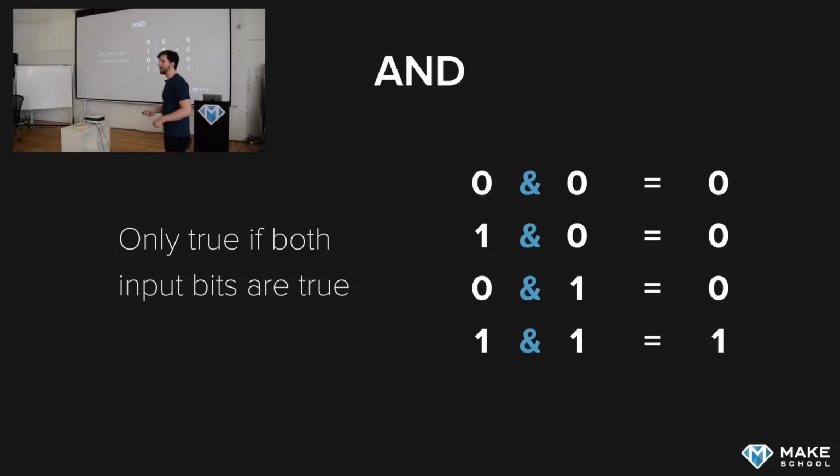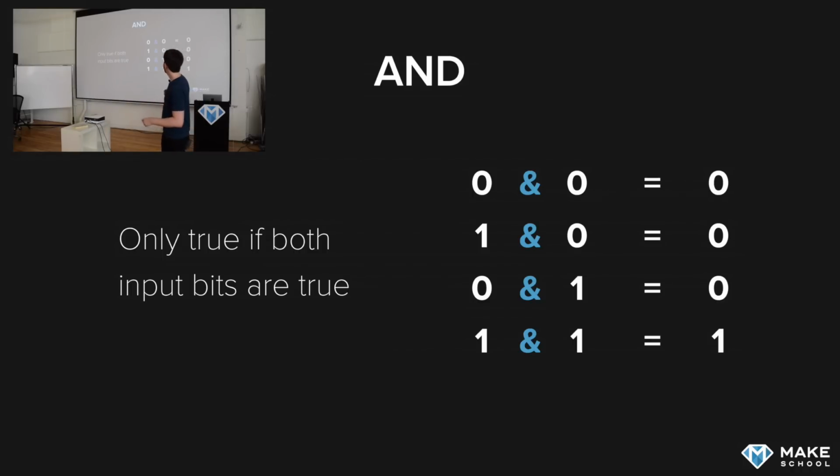In this case, we're just going to compare 2 bits using the and sign. So if we compare 0 and 0, the result is 0. And is only true if both inputs are true. If we compare 1 and 0, it's still 0. 0 and 1 is 0. 1 and 1 is the only output that results in true. So this kind of makes sense intuitively based on how logic works.